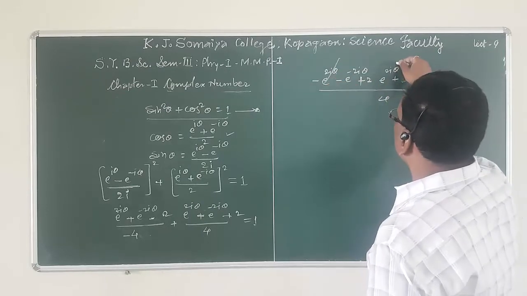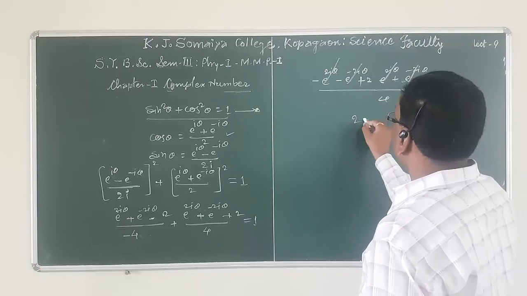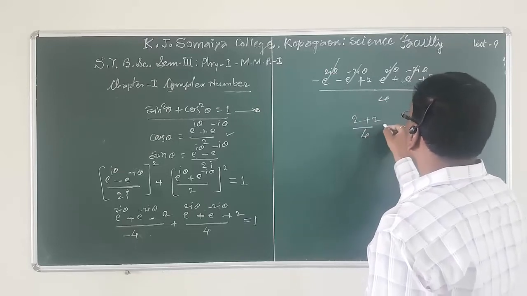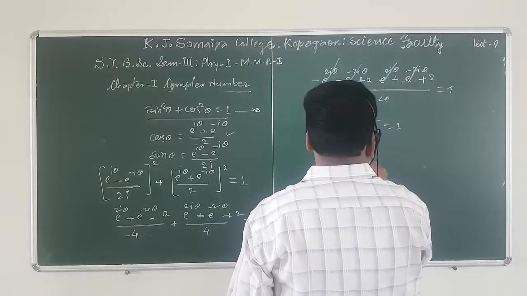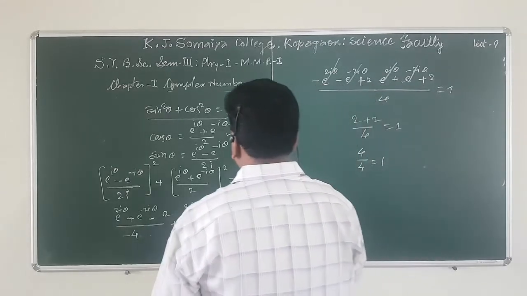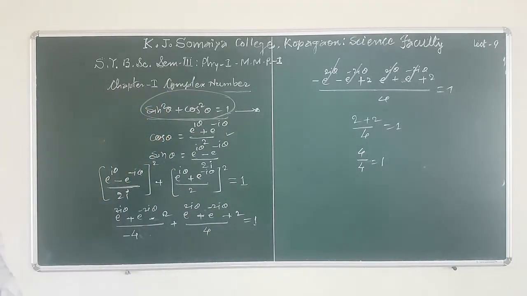Here it is minus 2, there is a little bit of printing mistake. Again these two terms are cancelled with each other, and these two terms are cancelled with each other, and now we have 2 plus 2 upon 4 is equal to 1, and lastly 4 by 4 is equal to 1, that is, sin square theta plus cos square theta is equal to 1.